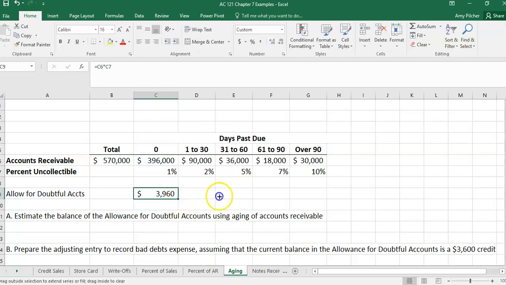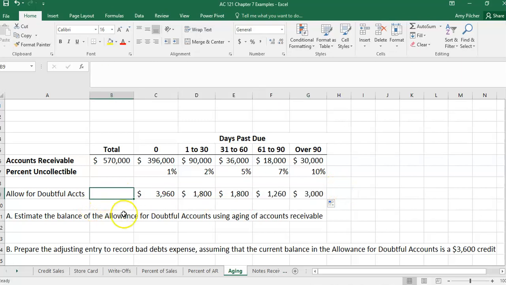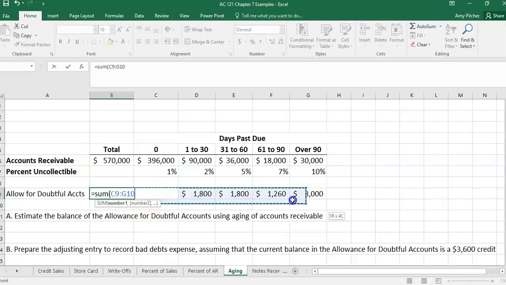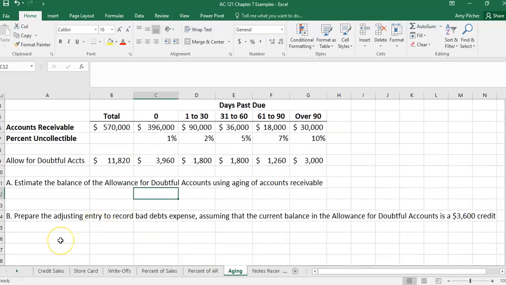And we can copy that formula all the way to the end. So our total allowance for doubtful accounts needs to be the sum of all of those estimated amounts. So the balance of our allowance for doubtful accounts needs to be $11,820.